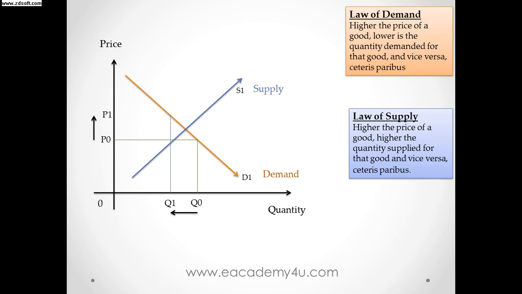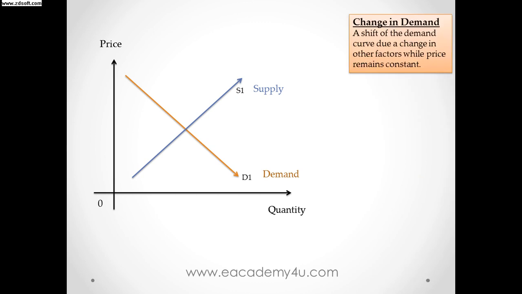Okay, let's go on. The other thing that we have to understand is the shift in demand and supply. First we'll look at the change in demand. A shift of the demand curve is due to a change in other factors while price remains constant.